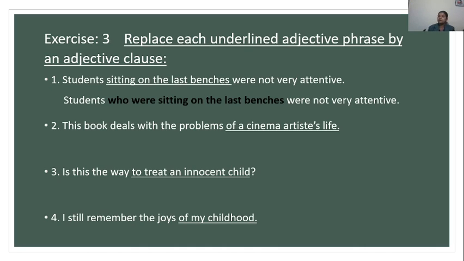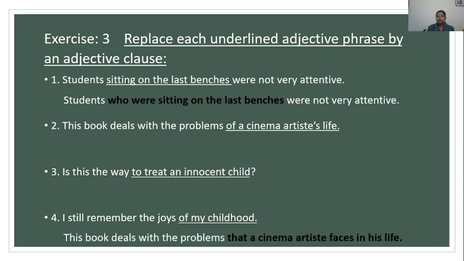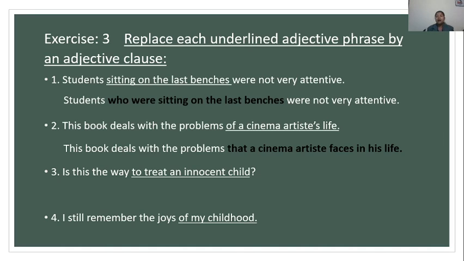Of a cinema artist's life means the problems that are faced by a cinema artist. Or here the sentence is in present tense, so it will be that a cinema artist faces in his life. Okay, so that is an adjective clause. This book deals with the problems that a cinema artist faces in his life.